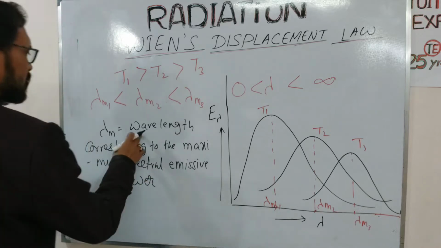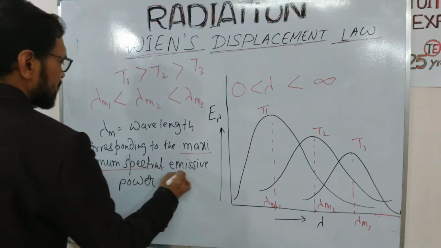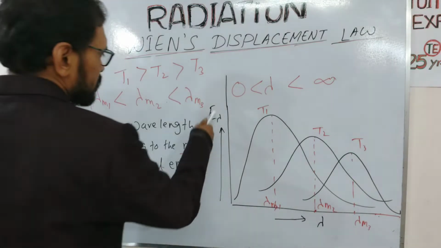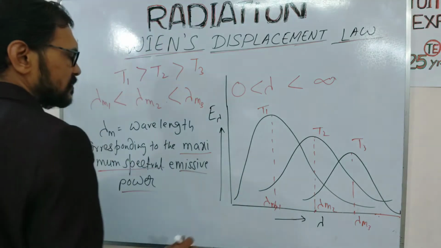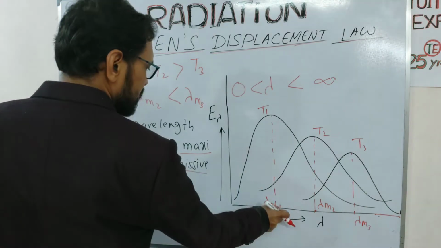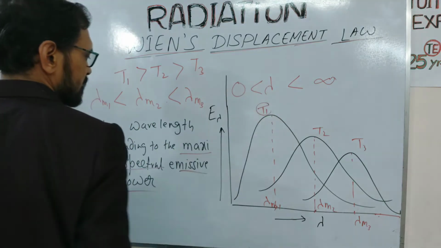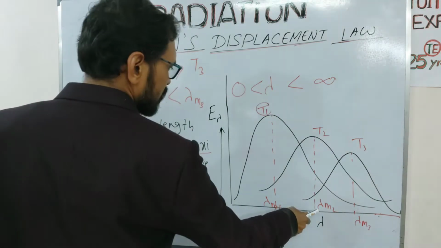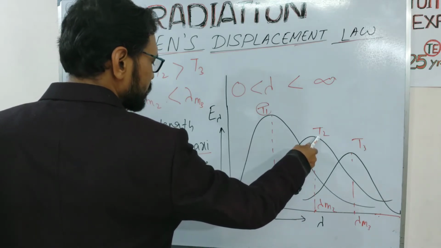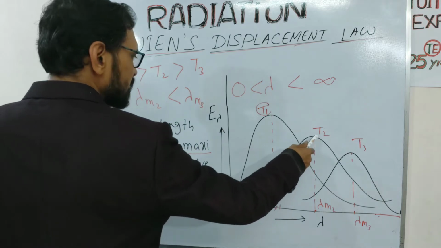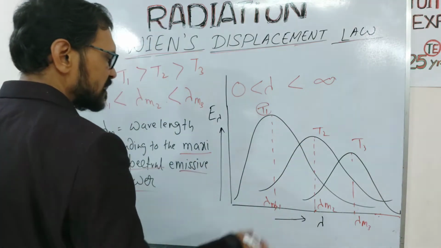So lambda m denotes the wavelength corresponding to the maximum spectral emissive power. In the graph, this wavelength corresponds to the maximum spectral emissive power at temperature T1, and this wavelength corresponds to the maximum spectral emissive power, that is, maximum energy, maximum intensity, at T2.